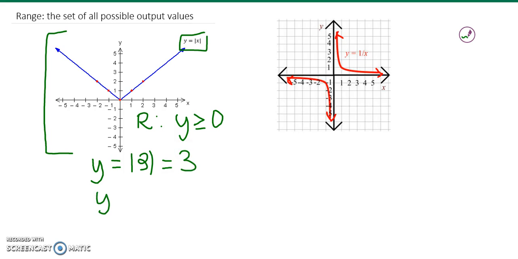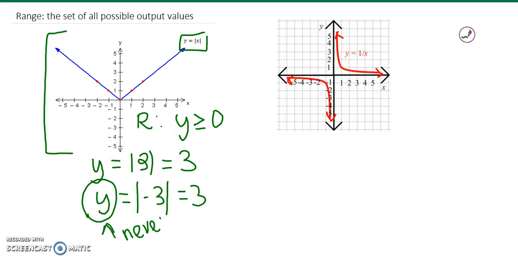If I plug in -3 for x, I will get 3. Therefore, my output value of y will never be negative. And this matches our range of y greater than or equal to 0.